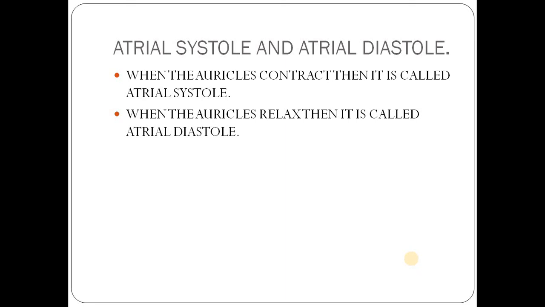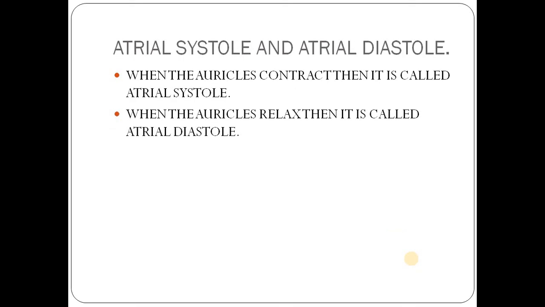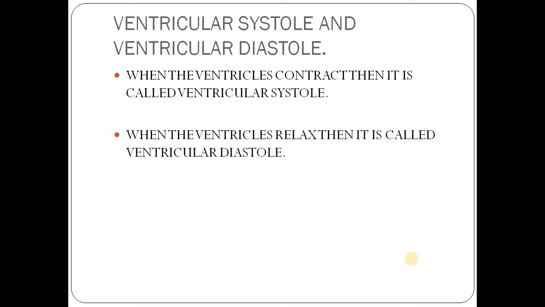If the auricles are contracting, they are known as atrial systole, and if the auricles, or atria, are relaxing, they are known as atrial diastole. At the same time, when the auricles are contracting, the ventricles will be relaxing. If the auricles are relaxing, then the ventricles will be contracting, vice versa. Just remember that both of them don't do the same thing together.